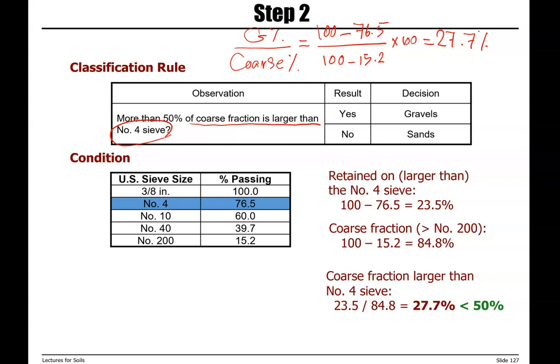Is this more than 50? No. This means that the amount of sand is more than gravel. So we have sand and we need to describe our sand.